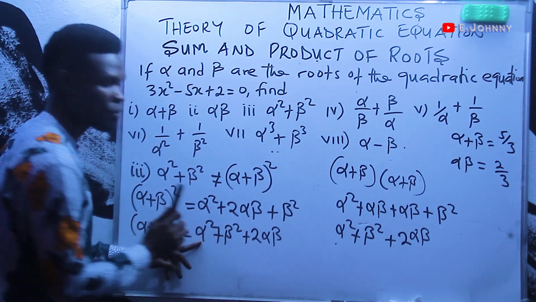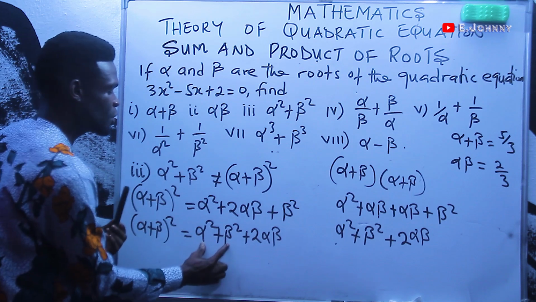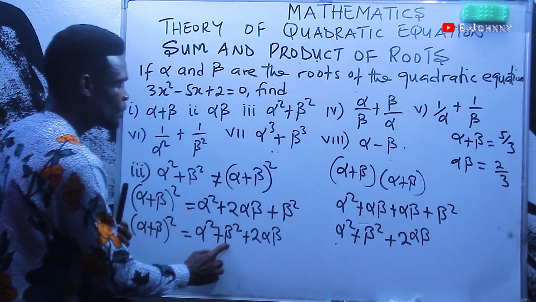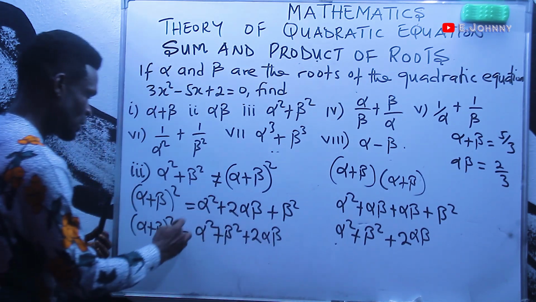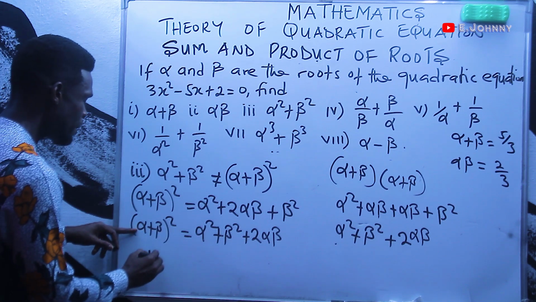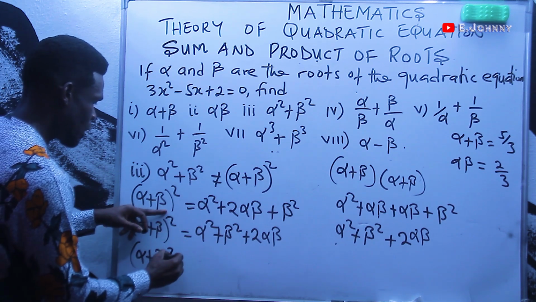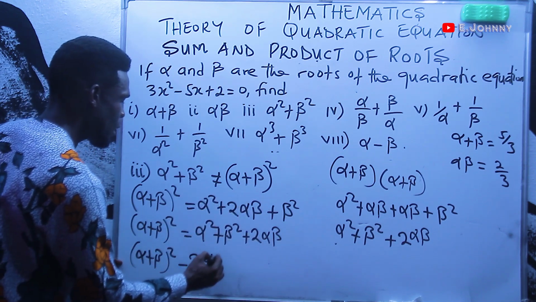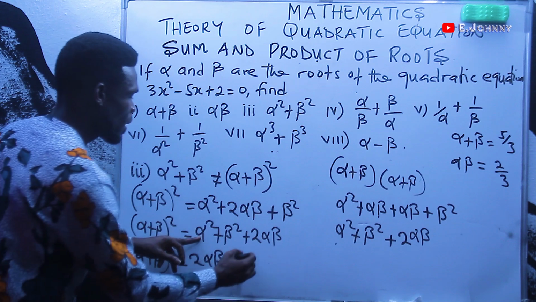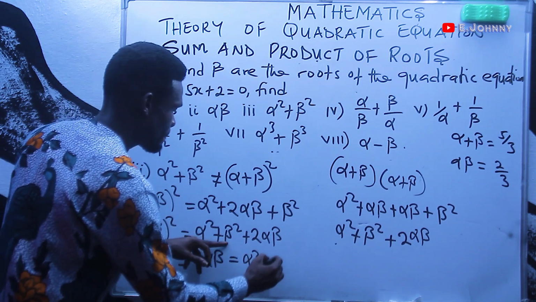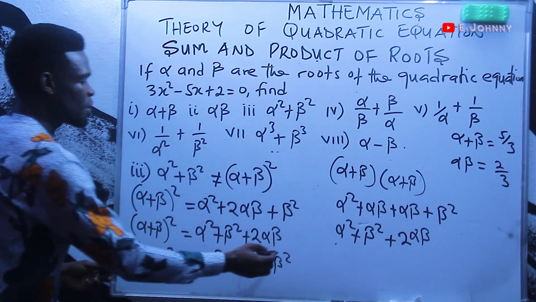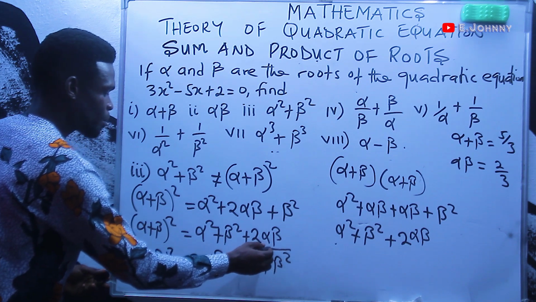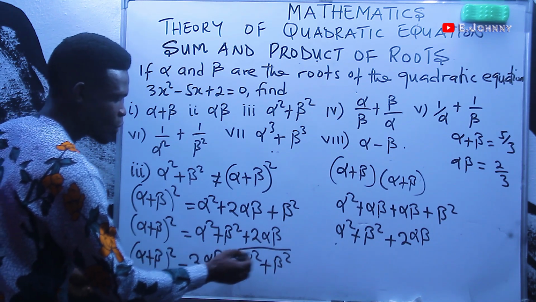So you make it the subject of the formula by taking 2 alpha beta to this side. So you have alpha plus beta squared, and plus 2 alpha beta will move to become minus 2 alpha beta, equals alpha squared plus beta squared. And this is exactly the alpha squared plus beta squared we were looking for.